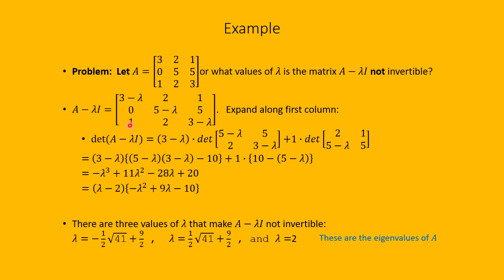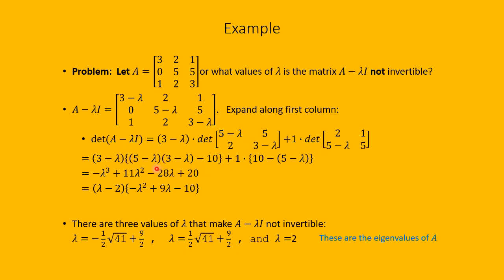The next term is going to be minus 1 to the 3 plus 1, which is 1, times this 1, times the determinant of this submatrix up here. And so the determinant of A minus lambda I is equal to this. We just got two terms because one term was trivially equal to 0.